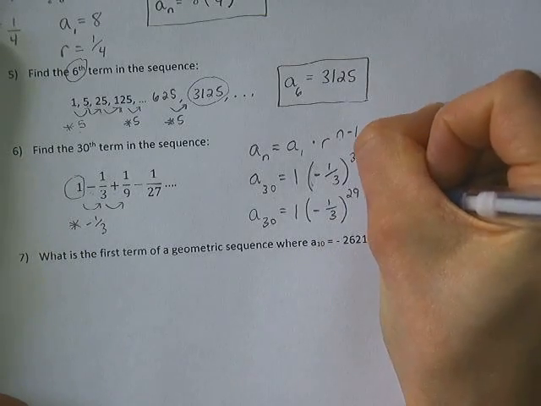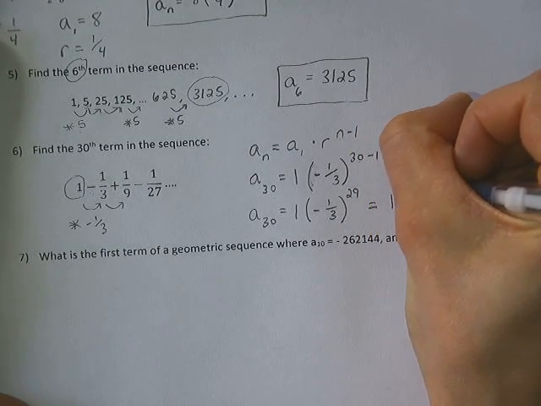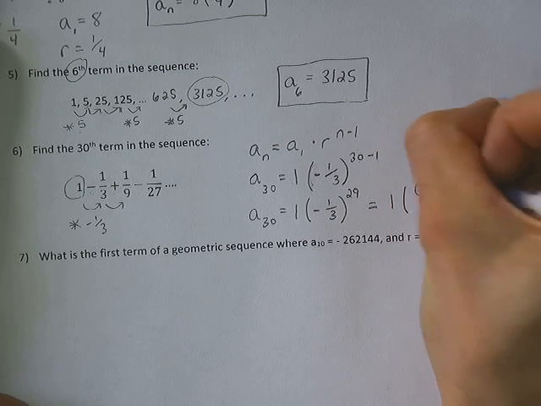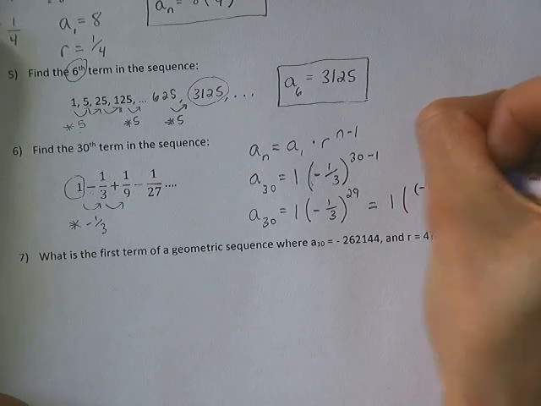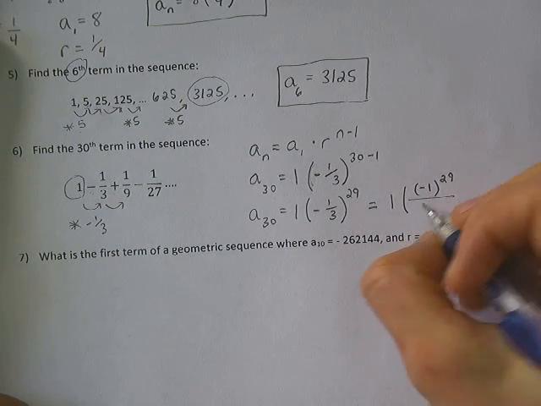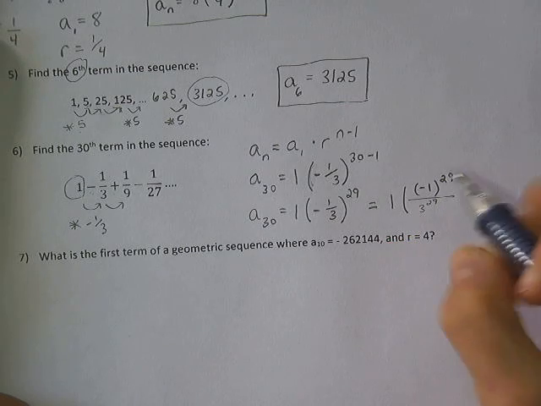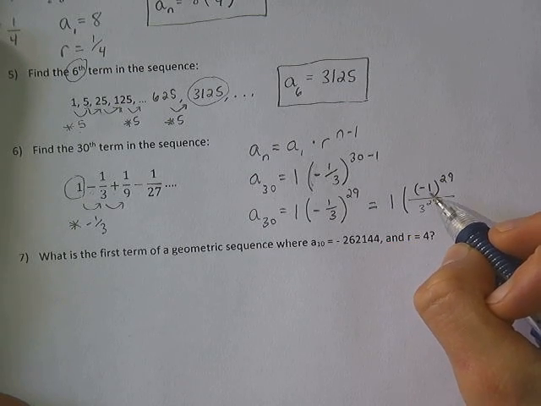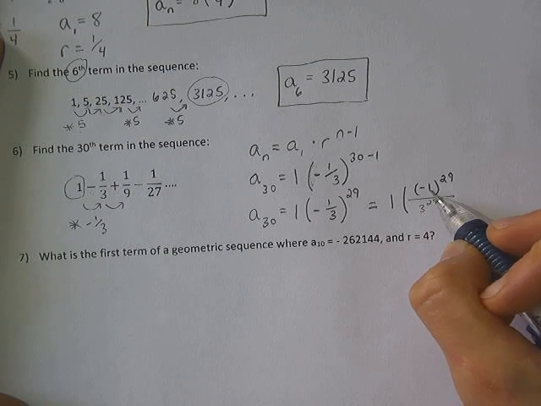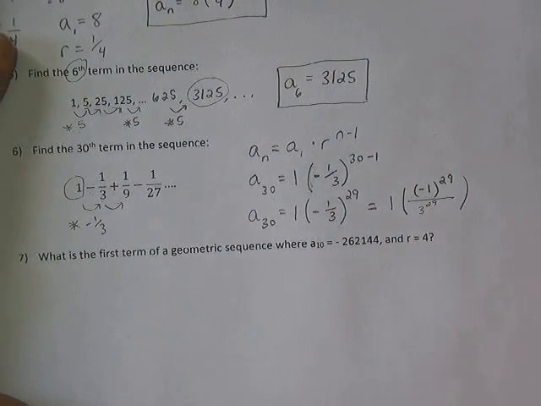And again, I'm going to carry that 1 in front over because I can't actually multiply it until I deal with the exponent. So I'm going to take the negative 1 to the 29th power, and then I'm going to take 3 to the 29th power. Okay, the reason I had to put that negative 1 in parentheses is because I have to bring that all to that power. Okay, so how do I do that?